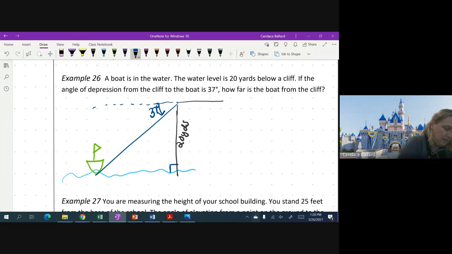Okay, that's a 90 degrees. So what is the angle of depression the same as? You guys tell me, what is the angle of depression the same as? It's the same as what angle?